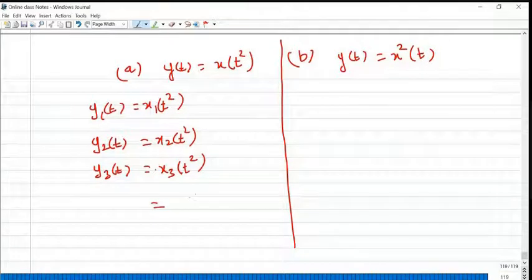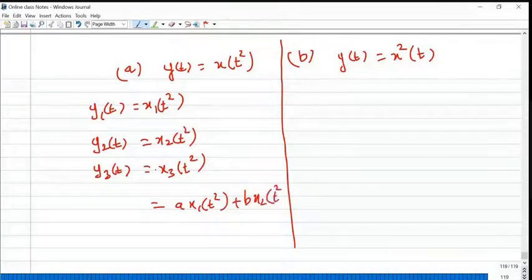Now x3 of t square is replaced by a x1 of t plus b x2 of t. Okay, a x1 of t square plus b x2 of t square.